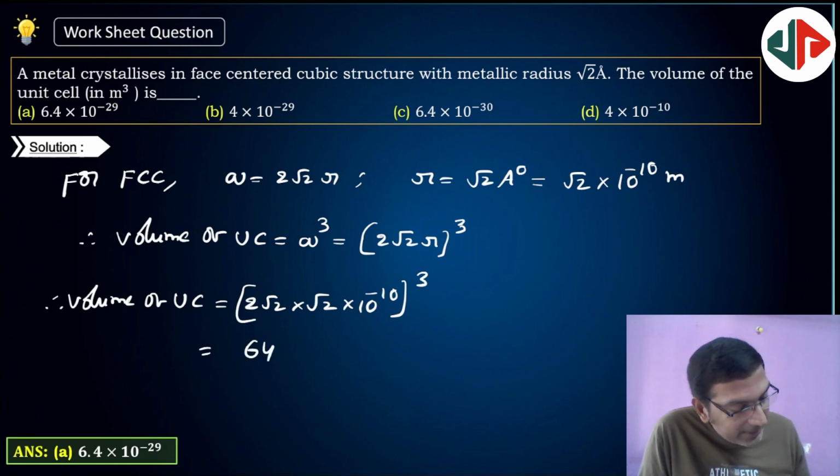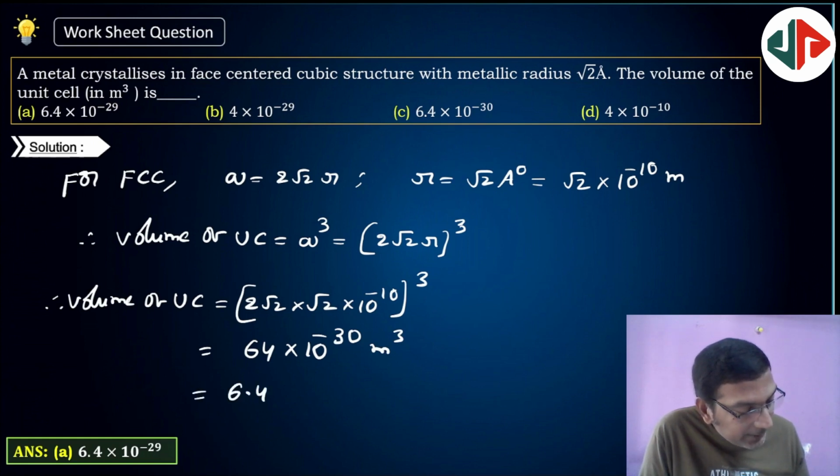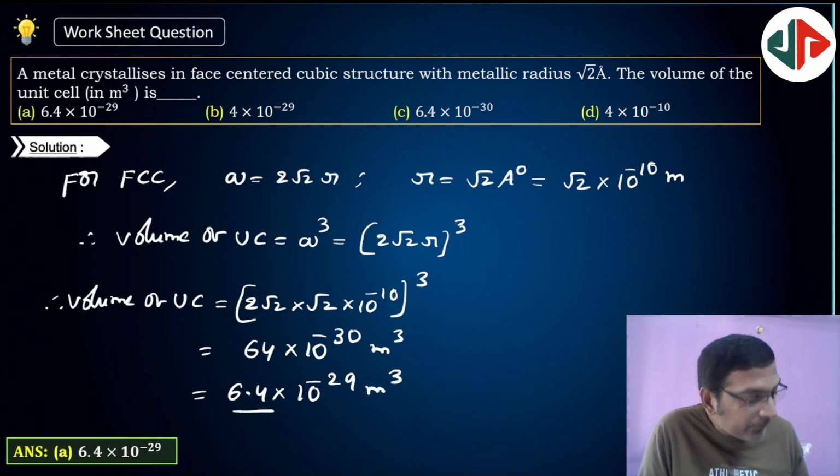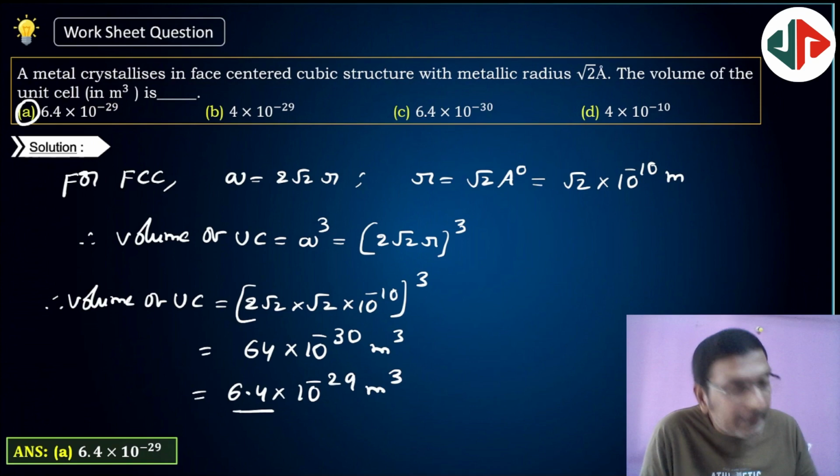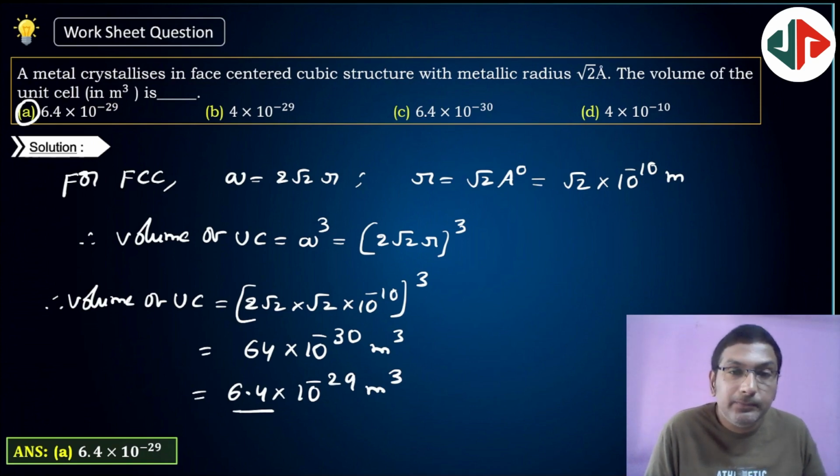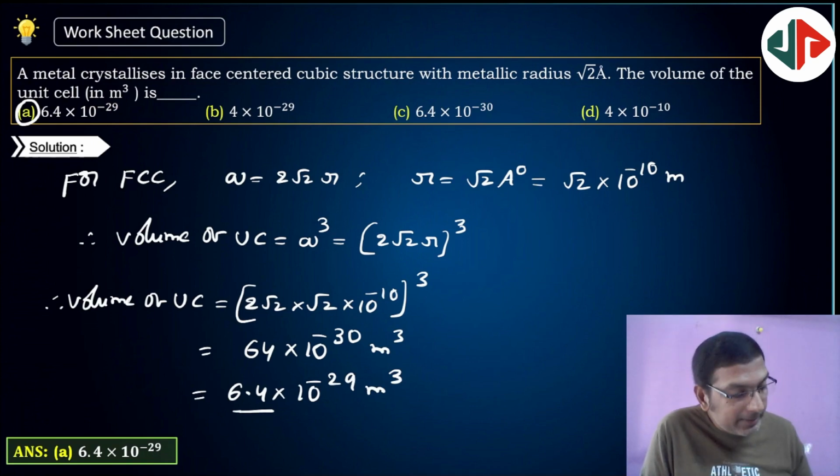That means 64 into 10 power minus 30 meter cube. Therefore, 6.4 into 10 power minus 29 meter cube. Option A. Next.